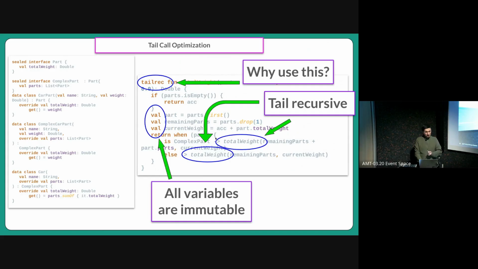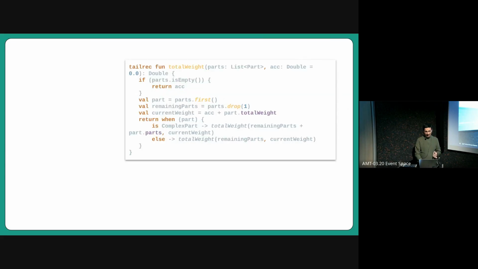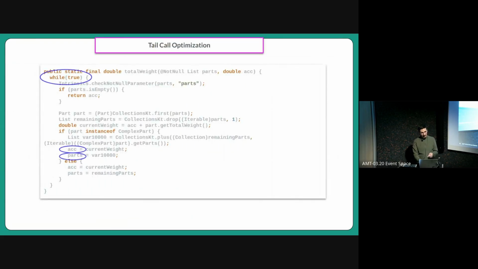Another curious thing about using tail recursive functions is that we can use immutable variables, so we don't need to rely on a mutable variable to add values to. This is probably better explained in this bit where I do the decompilation.